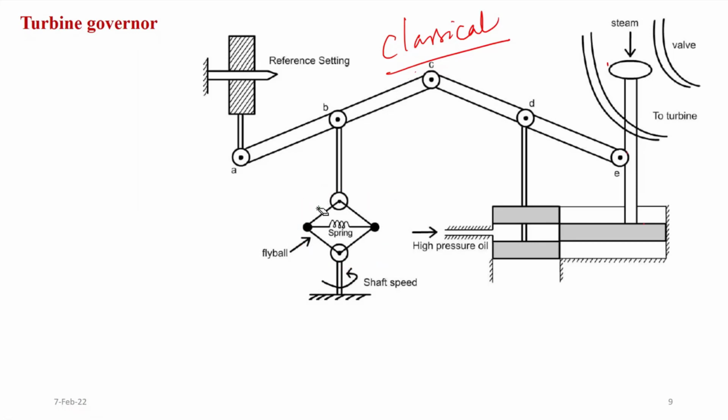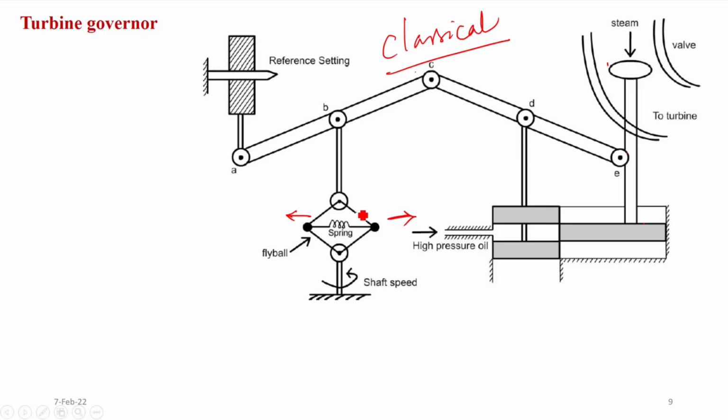Now, as soon as this spring flywheel is connected to the shaft, as soon as the speed increases, the shaft speed increases. So what will happen then? Then these flywheels will actually move away from each other, in this direction and in this direction, right?